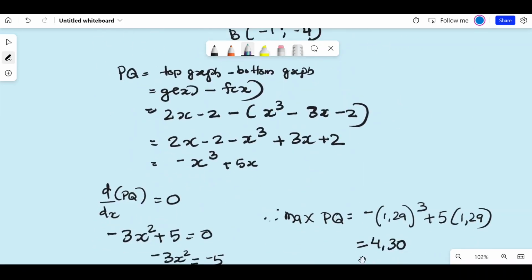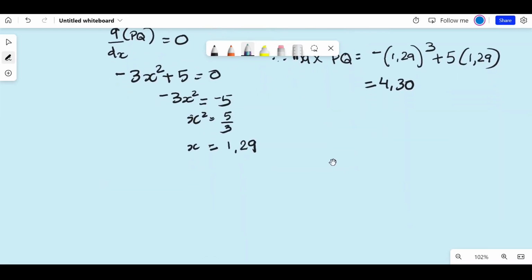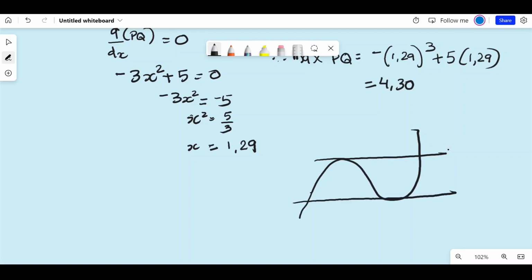So maybe I can also give you a note on that. It's going to be like this. Now for a cubic function, if you have horizontal lines drawn at the turning points, it will have 2 roots.